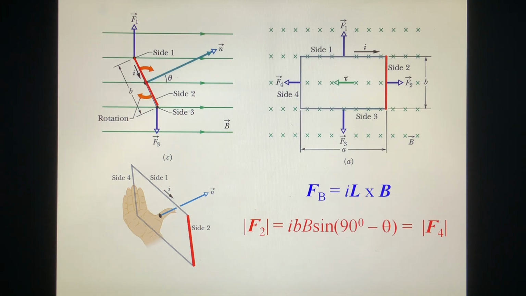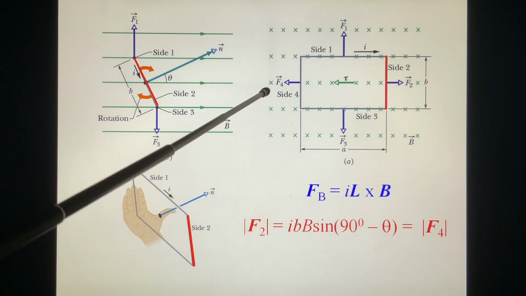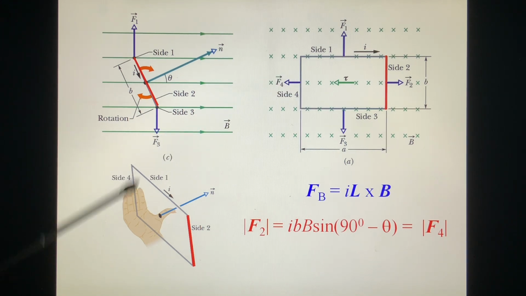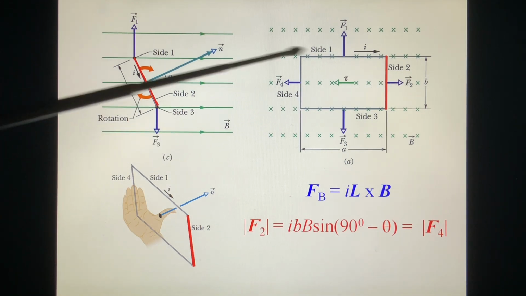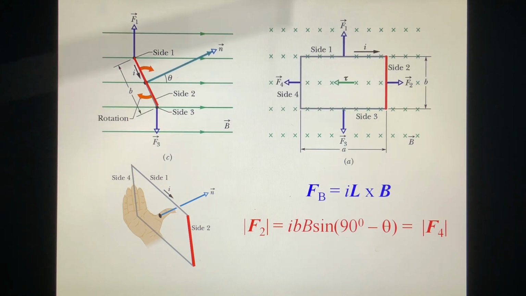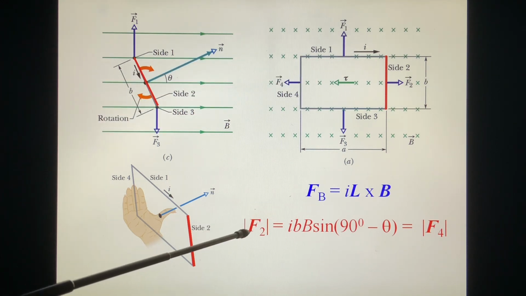F4 has the same situation with a different direction. They are equal and on the same line, so they cancel out. There is no net force acting on this loop by F2 and F4.